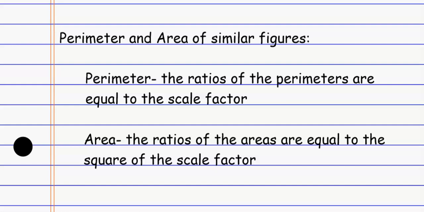But for the area, because now it's squared units, the ratio of the areas is equal to the scale factor squared. Okay? So it's the same relationship, but squared. All right? And so when we talk about the proportionality of similar figures, we've been talking about the scale factor. It's just the ratio between the sides of the similar figures. The perimeter has the same ratio, and the area has that ratio squared. Okay?